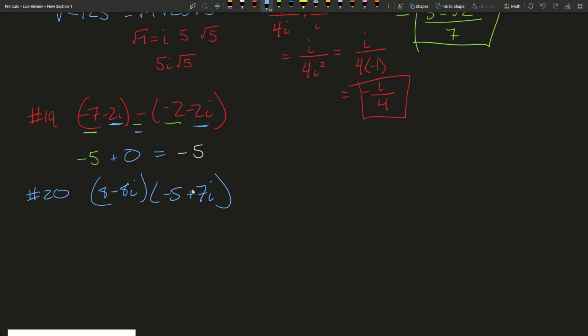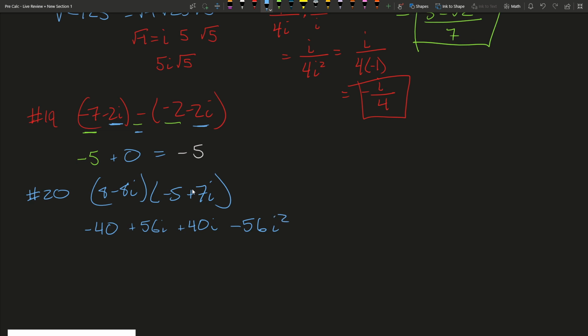So if we FOIL like normal, 8 times negative 5 is negative 40. 8 times 7i is 56i. Negative 8i times negative 5 is positive 40i. And then negative 8i times 7i is negative 56i squared.